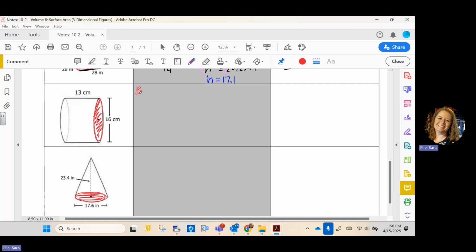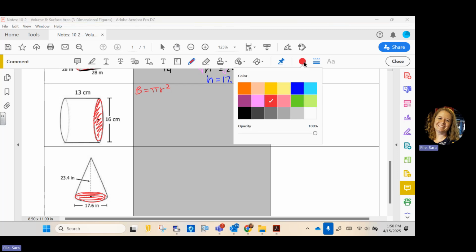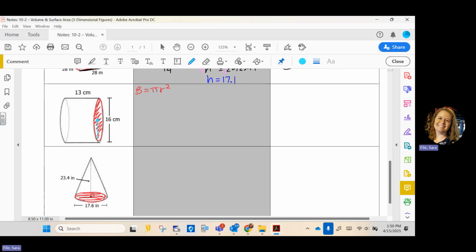So here, the area of the base is that pi r squared. Well, the radius is from the center of the circle to the edge. How far is that radius if all the way across is 16? What's the radius? 8.